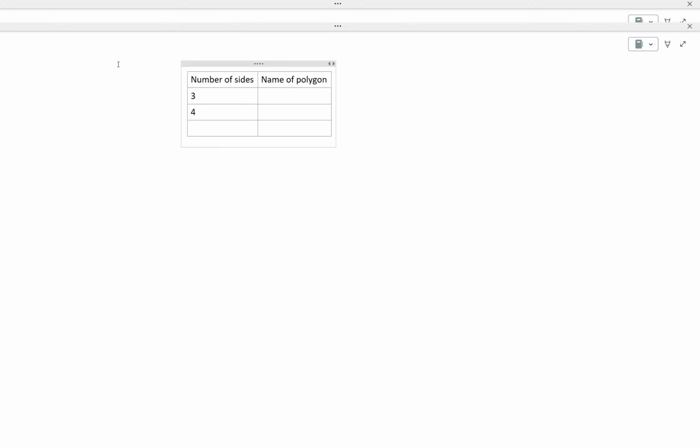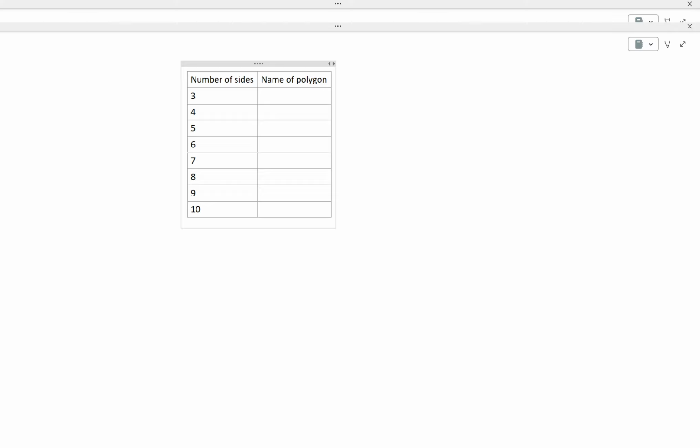Take you guys through defining some of our polygons. You guys need to memorize the following table, okay? There's the number of sides, and I'm going to go through this rather quickly. The name of the polygon. You can go ahead and stop this as you need to. We're going to go through the number of sides of 3, 4, 5, 6, 7, 8, 9, 10.